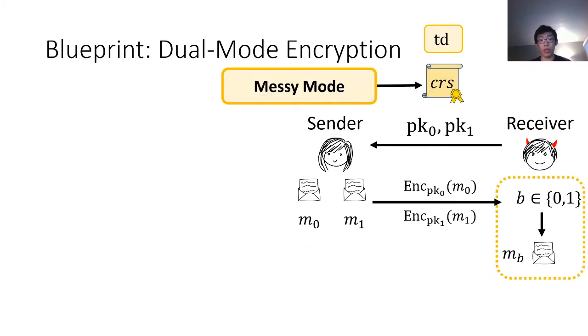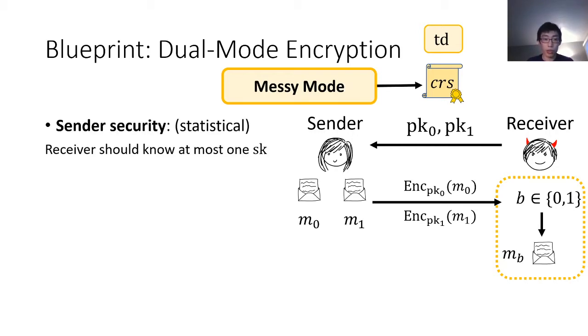There will again be two modes of the CRS. Here, the orange one will provide statistical security for the sender.